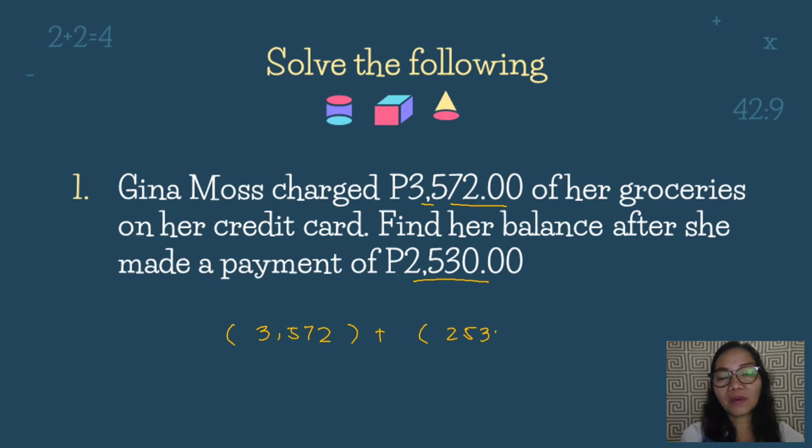The 3,572 is positive, while the 2,530 is negative since she made a payment. So their signs are not the same. Therefore, you have to subtract 3,572 minus 2,530. So the sum is 1,040 pesos. Okay.